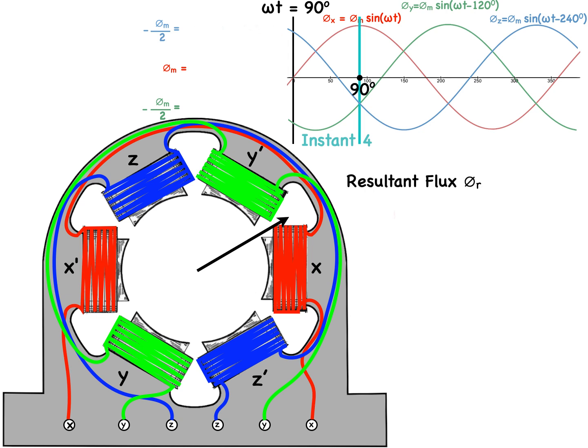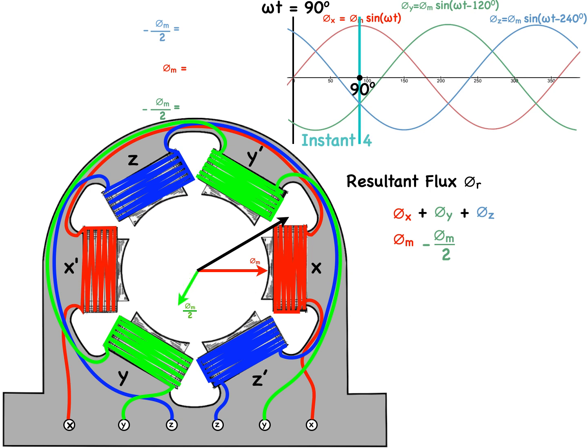As before, the resultant flux phi r is the sum of the three flux phasors. The magnetic flux phasor in the vicinity of the rotor for the red phase is plus phi m. When plotted, the green flux is minus phi m all over 2.